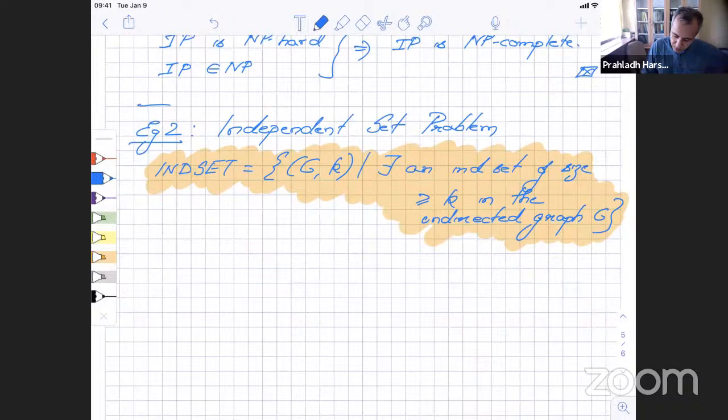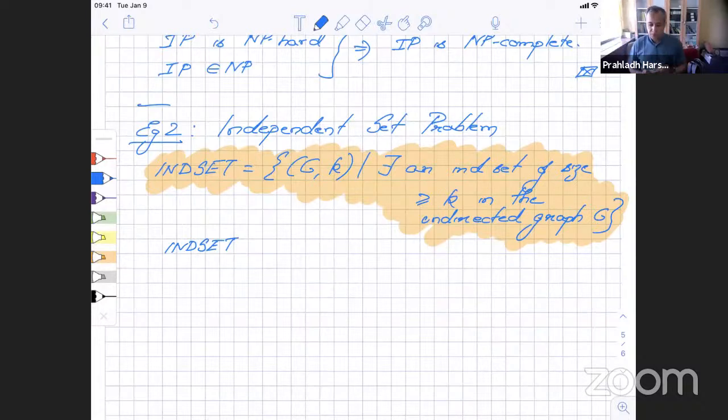What this means is the set of vertices where there is no edge between any of these. So an independent set is basically a set of vertices such that there's no edge between any two vertices in that set. There could be edges going out from that set to the vertices outside this set, but within this set they are independent. There's no connection between any two vertices in this set.